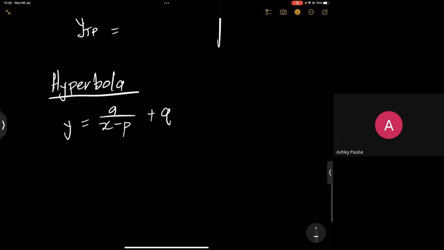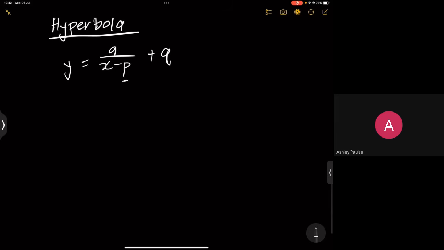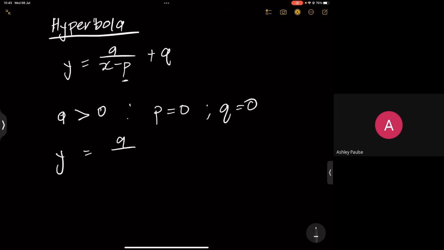For the hyperbola, the value of p shows us what we call the vertical asymptote. So if our a value is greater than 0, now let's consider where p is equal to 0 and q is equal to 0. So now you've got y is equal to a over x.